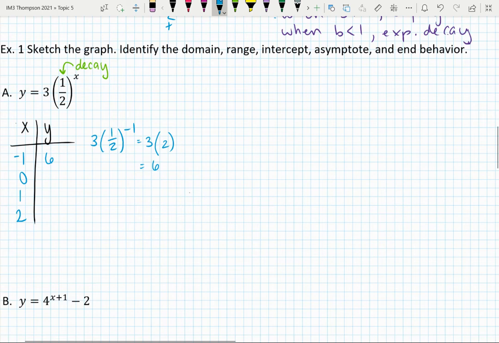Plug in 0 for my exponent. Anything to the power of 0 is always 1. So I have 3 times 1, which is 3.